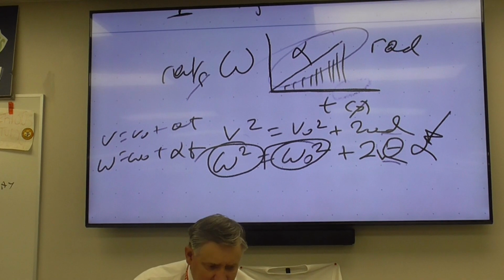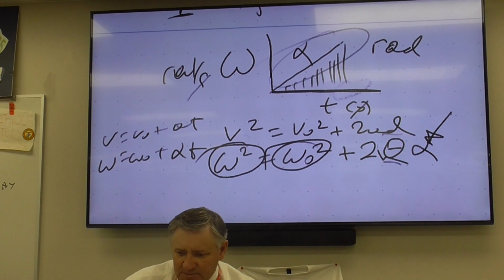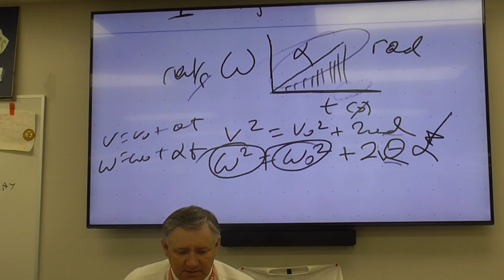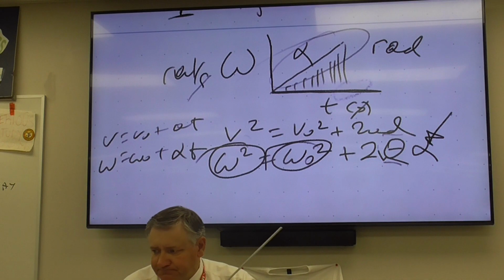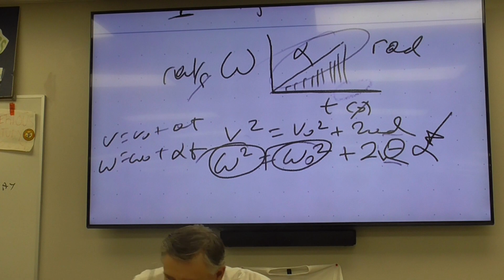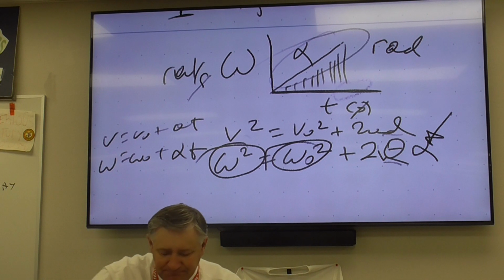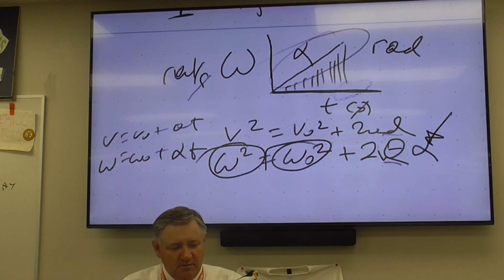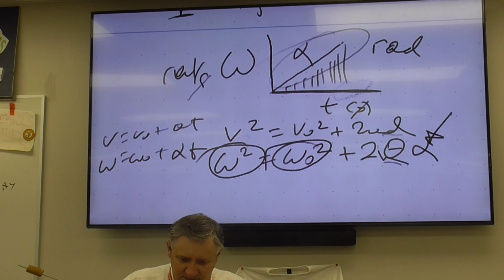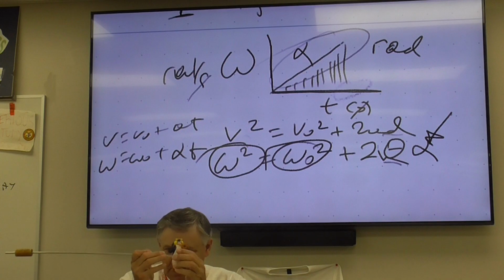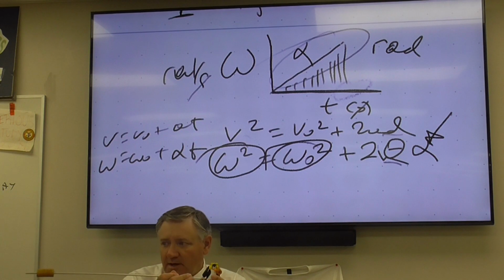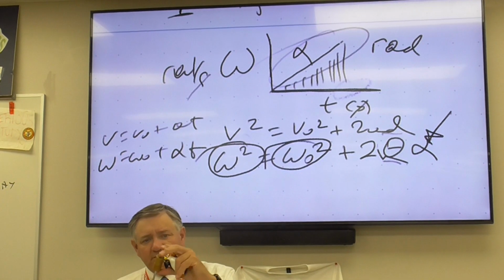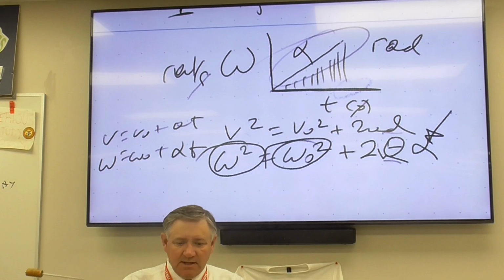Now on number 9, let me give you a visual. Imagine I've got Polly the penguin. Let's say this is 1 m, and I've got Polly the penguin on one end, and then I've got 2 m out here on the end.